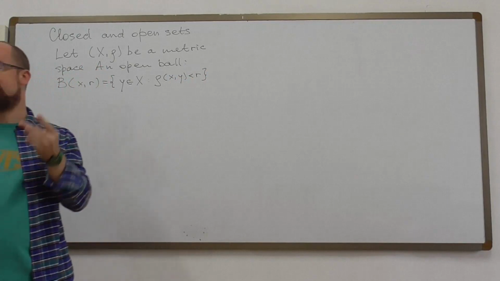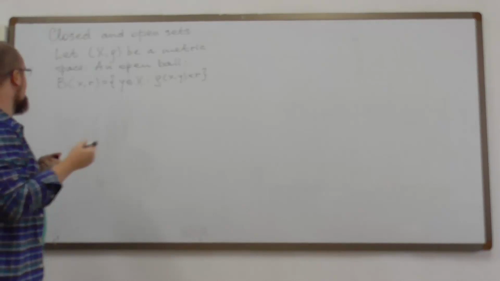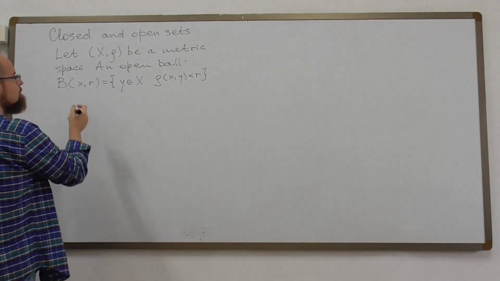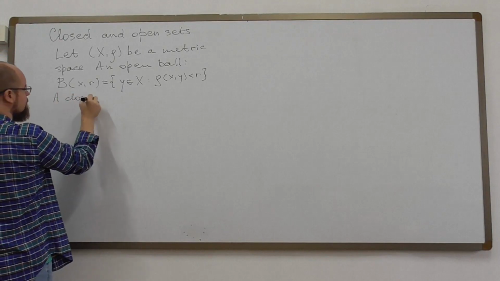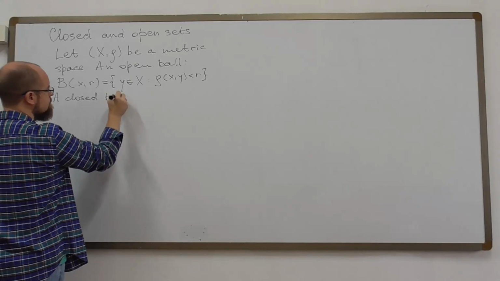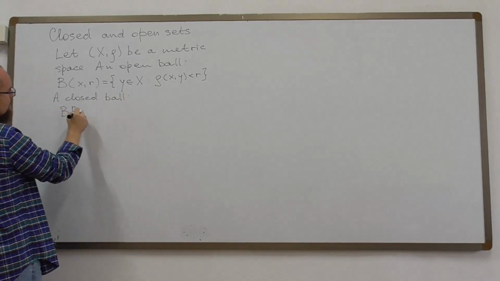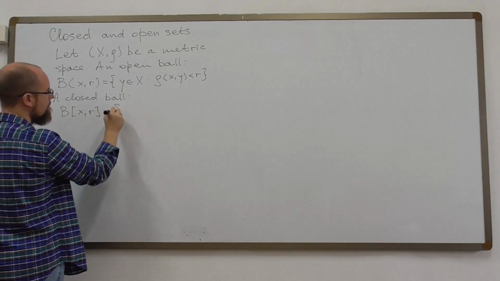So this definition is fairly similar to what we've seen in calculus. And in a similar fashion, we will define a closed ball. We will write it with square brackets.